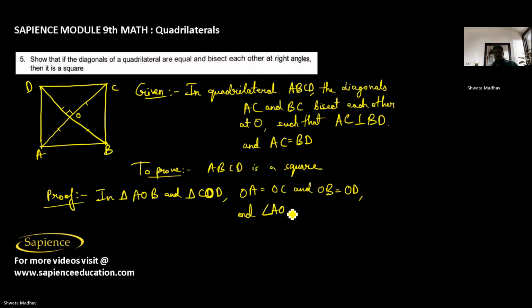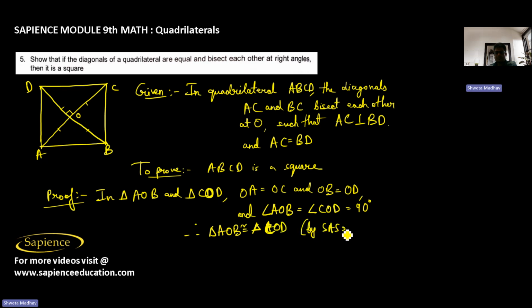And angle AOB is equal to angle COD, which is equal to 90 degrees. So therefore I can say that triangle AOB is congruent to triangle COD by the SAS rule of congruency.